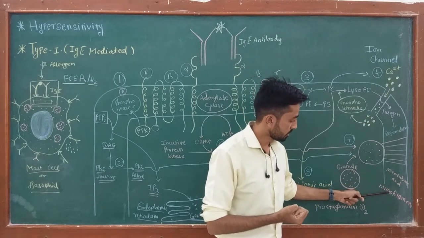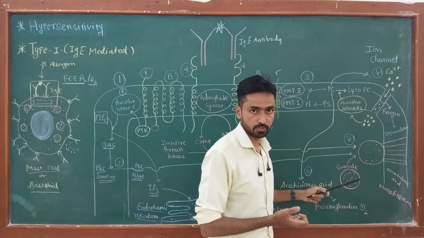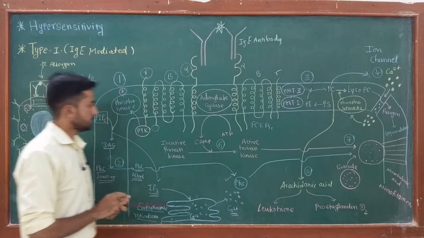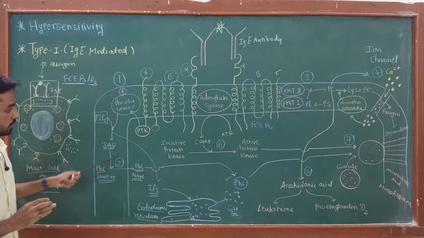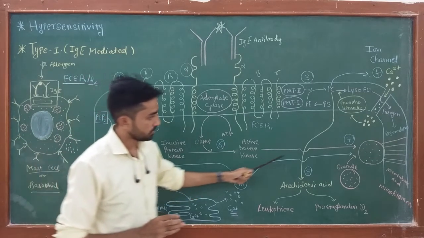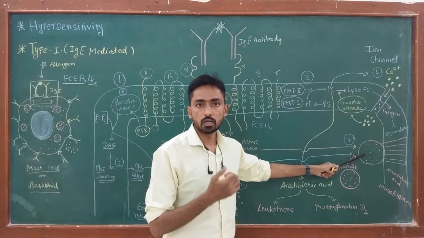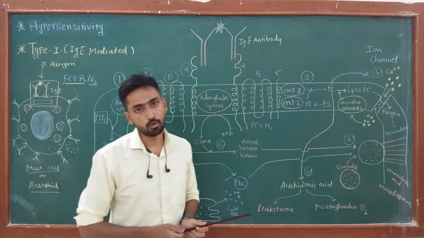Both these proteins are important in the degranulation process. So this is reaction number 1 and 2, which starts from the PTK and finally ends with increased permeability of the granules for calcium and water.